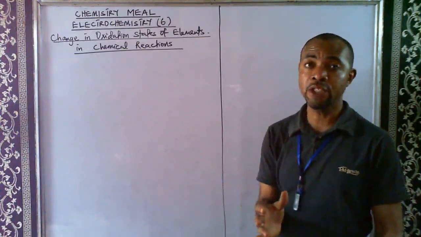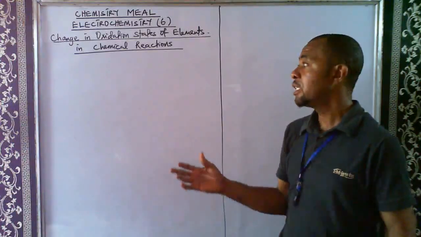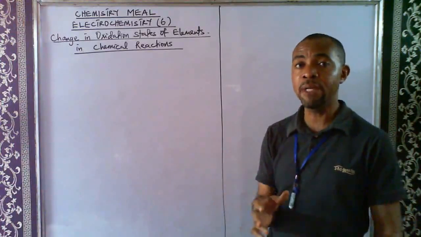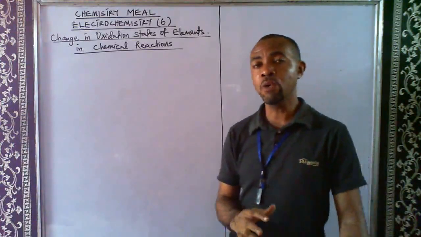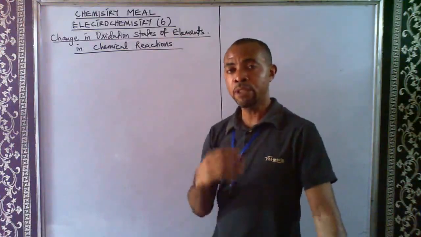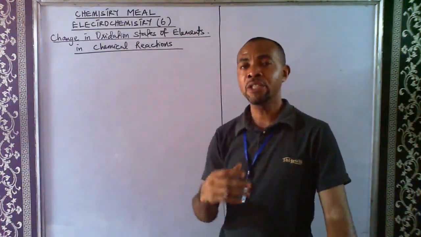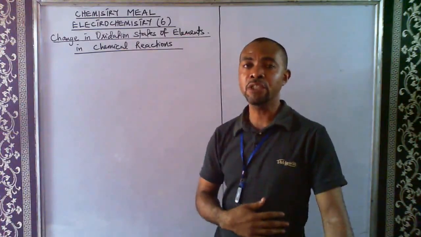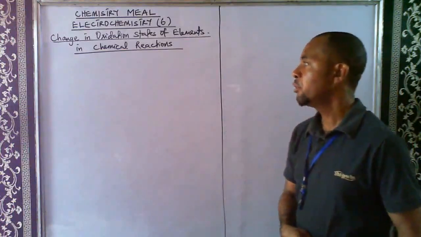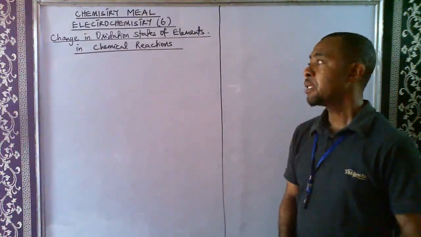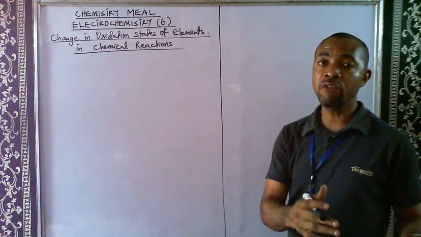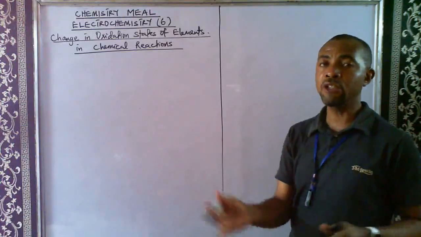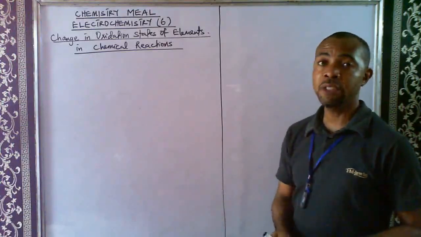Not all reactions, because we have reactions that will not result in change in oxidation state of any of the elements involved. But in certain reactions, the oxidation state of the element will not be the same on the product side and on the reactant side.